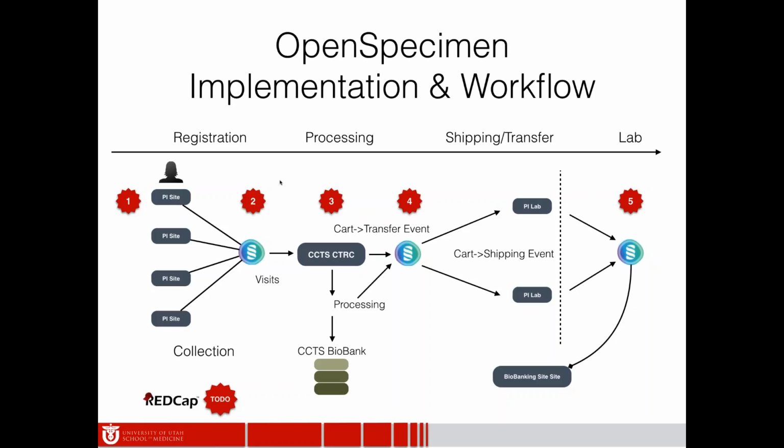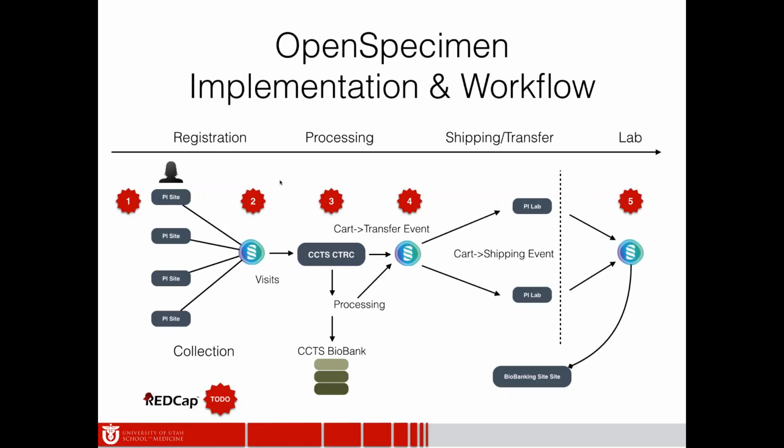That's pretty minimal setup, and hopefully with folks that are using REDCap, that will be even easier to populate their participants in their protocols in a more automated method, so we can set up rapid transfers to the CTRC for processing.